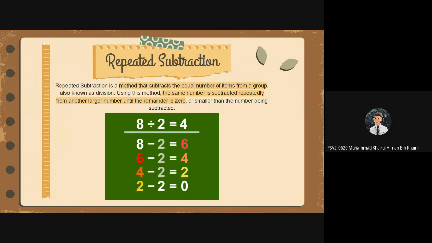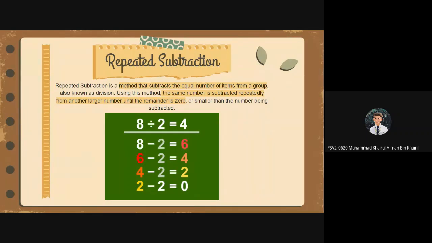There are a lot of methods or concepts in division. One of them is repeated subtraction. Repeated subtraction is a method that subtracts an equal number of items from a group, also known as division. Using this method, the same number is subtracted repeatedly from another larger number until the remainder is 0 or smaller than the number being subtracted.